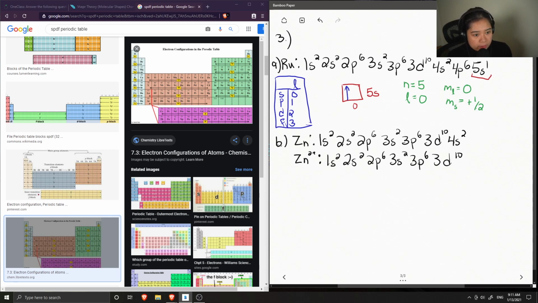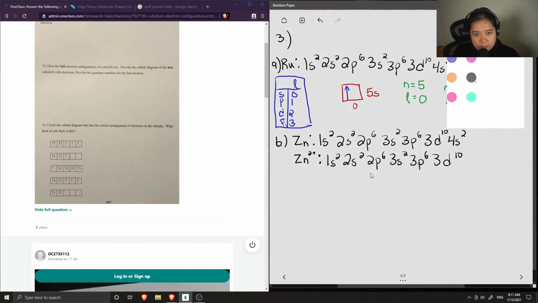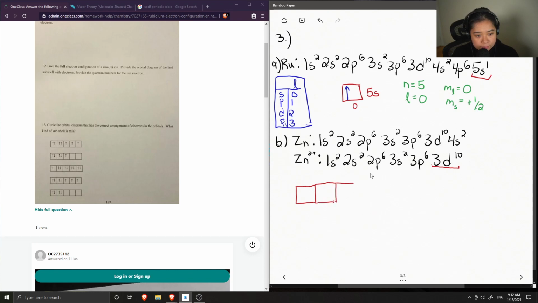Okay, so now we're going to draw the orbital diagram for the last subshell. So in this case, it is the 3d subshell. So now let me draw out the boxes. So the D subshell is able to hold 10 electrons.